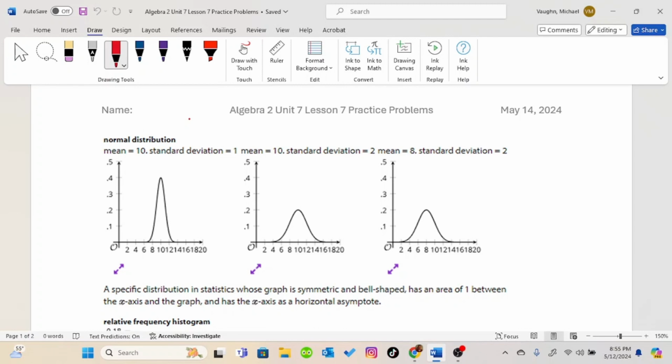And also notice that the larger the standard deviation, the wider this bell shape is. So what you really need to pay attention to is that it must be symmetric and bell-shaped, and that it has an area of 1.